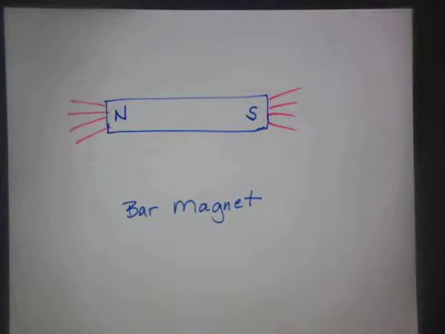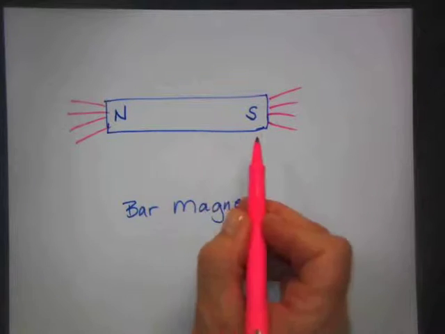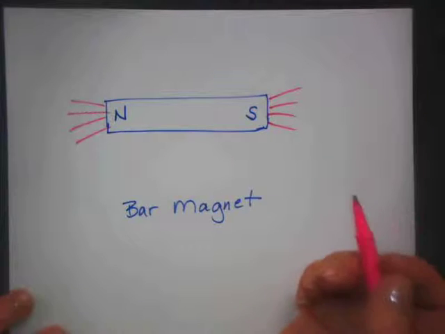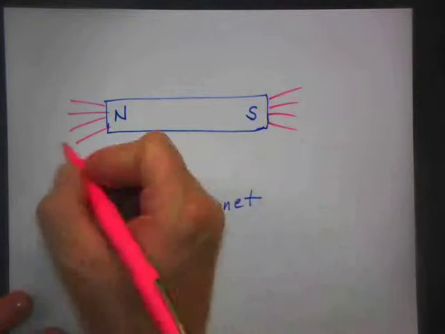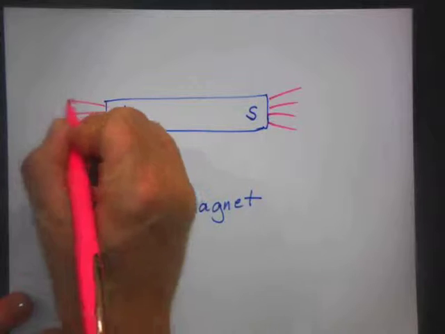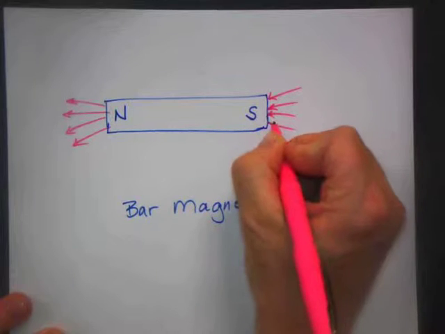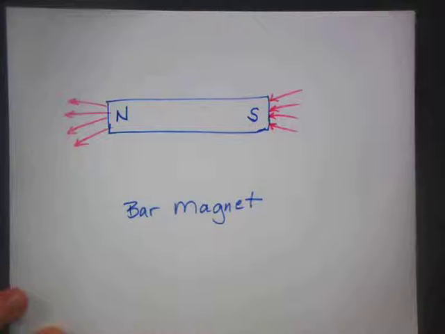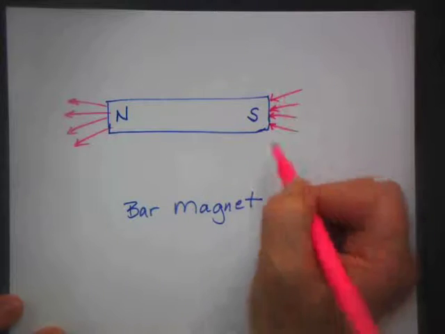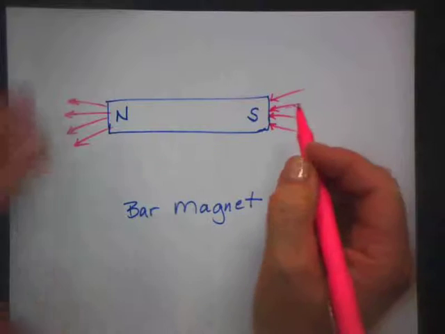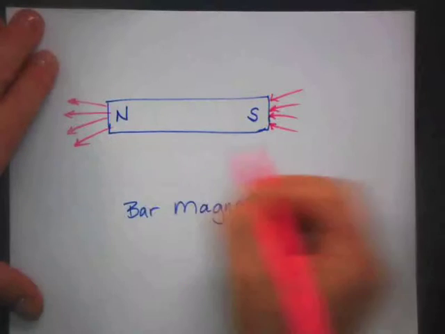Magnetic fields either attract or repel, and that depends on the nature of the poles, right? So the standard is out of the north into the south. So that's the direction, out of the north into the south. And the field density will always be greatest at or near the poles.